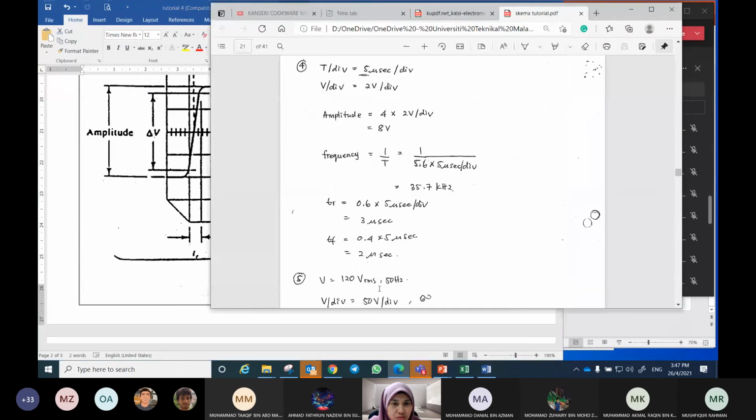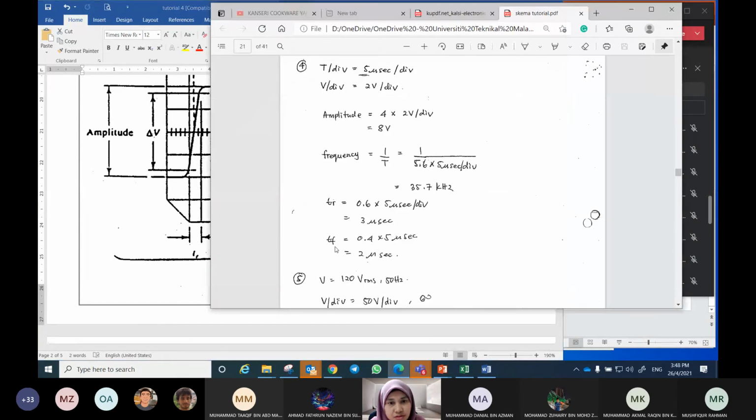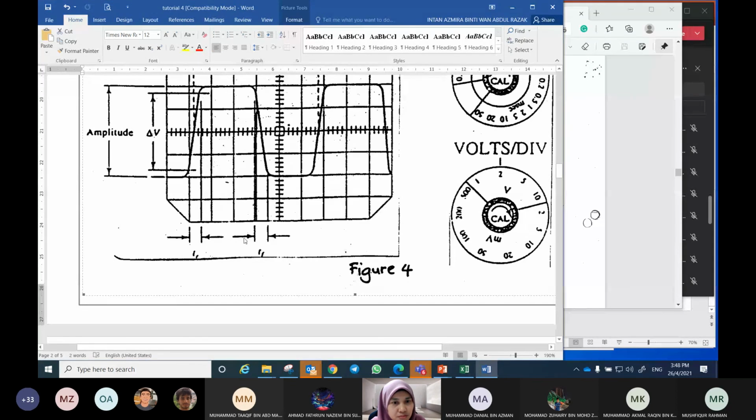So we can accept if the figure is not clear like this. So fall time is 0.4. Yes, fall time is 0.4. 0.2, 0.4 here. Try drawing a line. It is about 0.4.